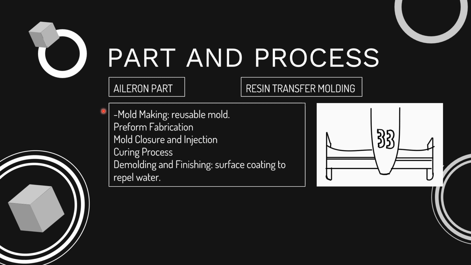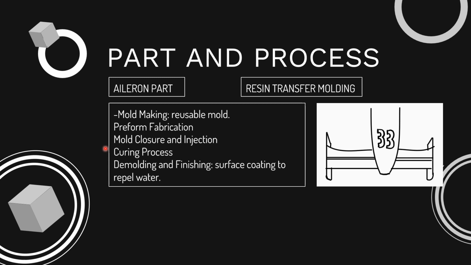So basically, the main steps are making the mold, which is reusable in this case. Then we need to fabricate the preform, which is only those carbon fibers. Then we should close the mold, which we are going to use, and inject the resin. And finally, we should let it cure for some time.